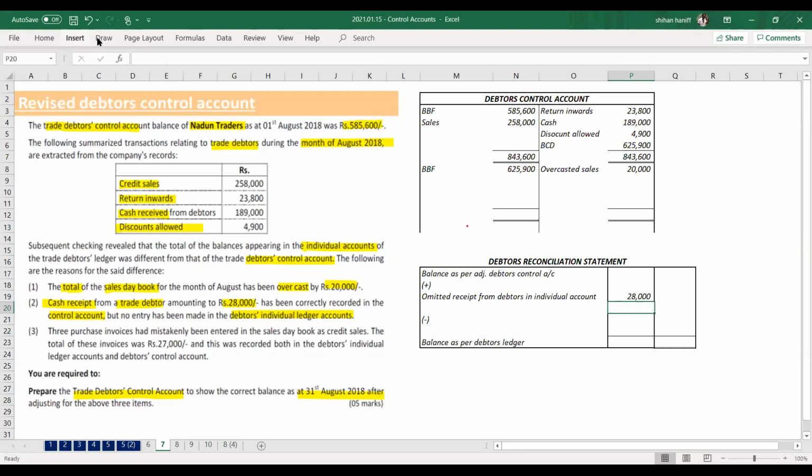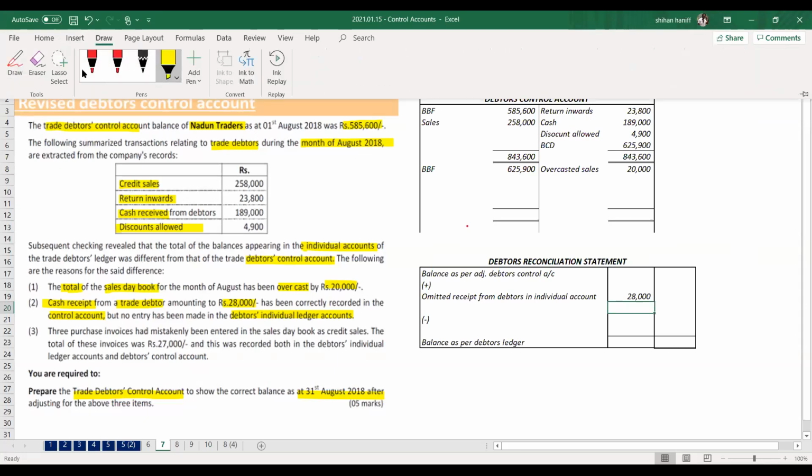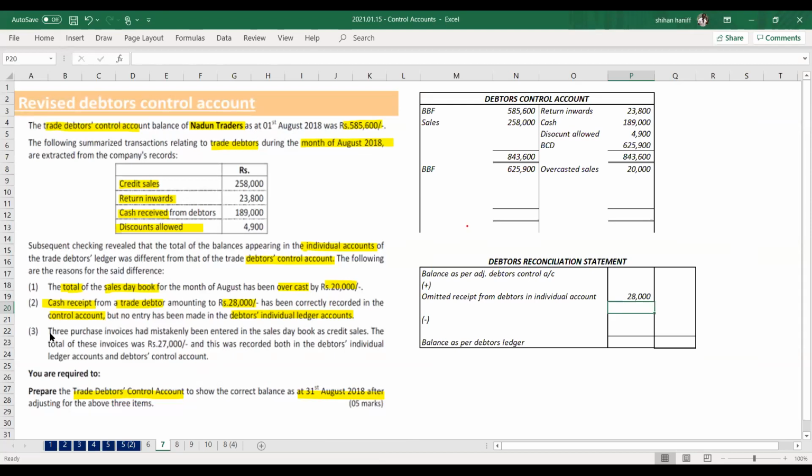Then number three. Three purchase invoices mistakenly entered in the sales day book as credit sales. The total of these invoices is 27,000, and this was recorded both in the debtors individual ledger accounts and the debtors control account.